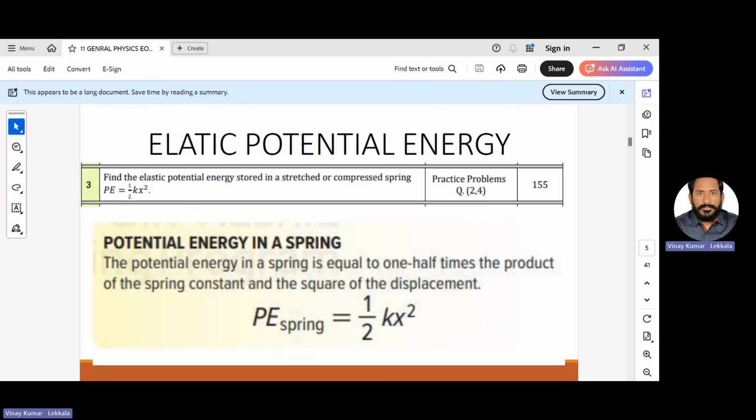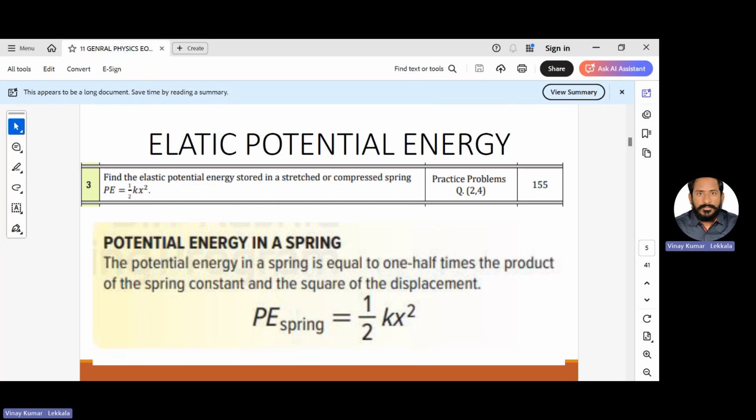Now, when simple harmonic motion takes place, there exists energy. Any object that experiences a force stores that force as energy, either potential energy or kinetic energy. In the case of a spring, we call it elastic potential energy.